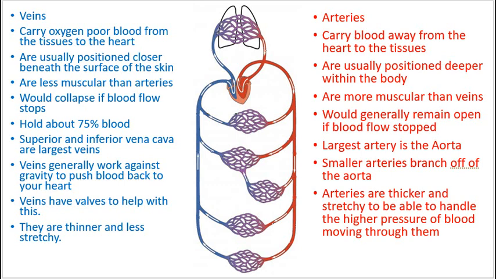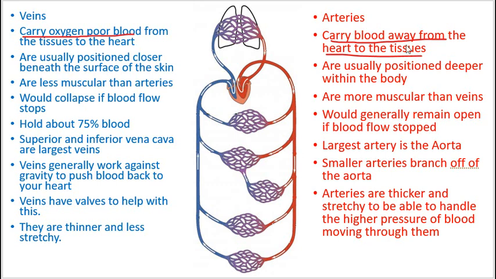Now, to summarize some of the differences between arteries and veins, we said that except for two, all the veins carry oxygen-poor blood away from the tissue back to the heart, and arteries carry oxygen-rich blood from the heart to the tissue.